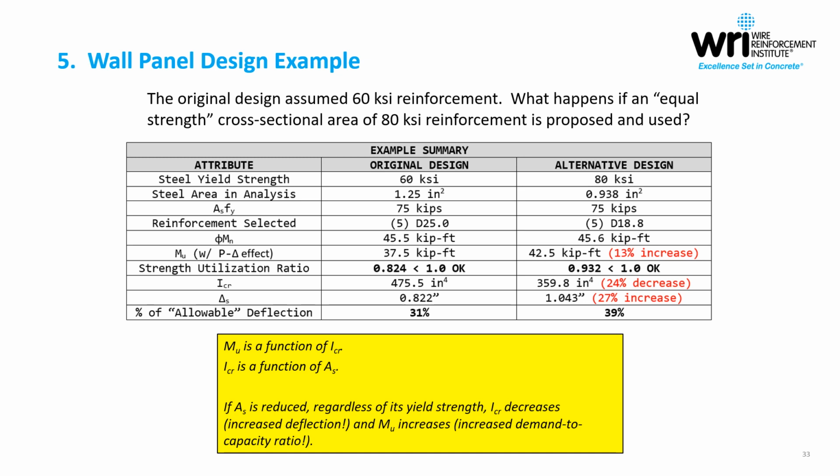That moment of inertia is a function of A sub s. So if A sub s is reduced, regardless of its yield strength, the cracked section moment of inertia decreases, which in turn increases deflection. And with an increased deflection, your M sub u, which accounts for P delta effect, will increase as well. In turn, you'll have an increased demand to capacity ratio.